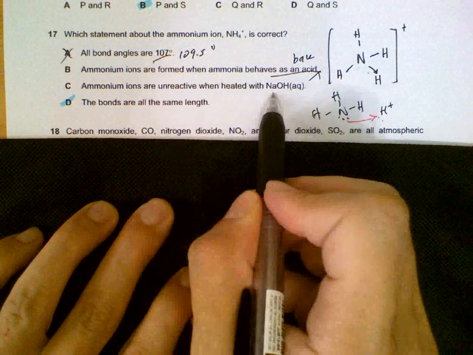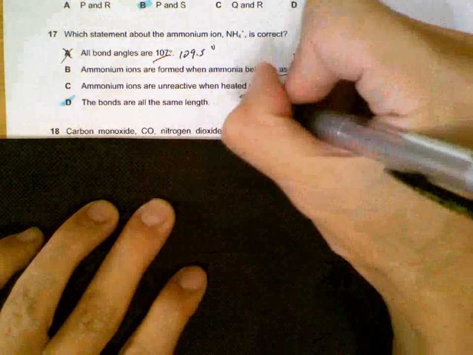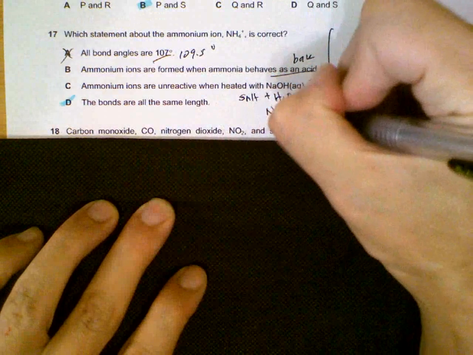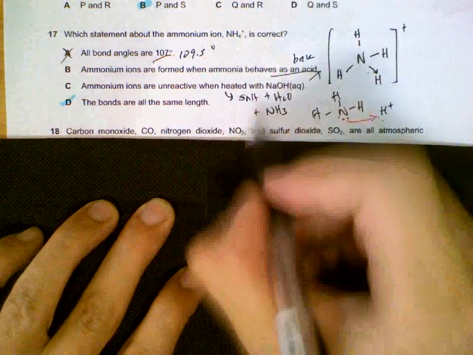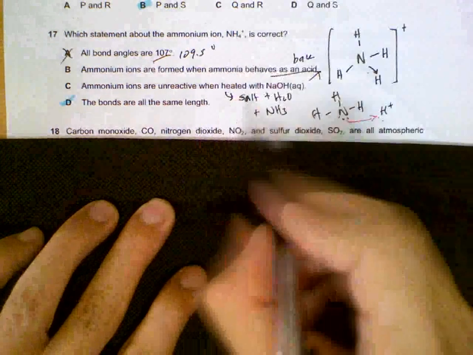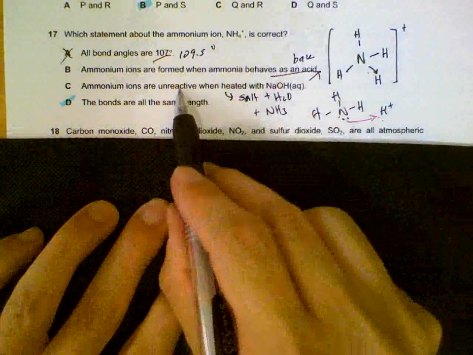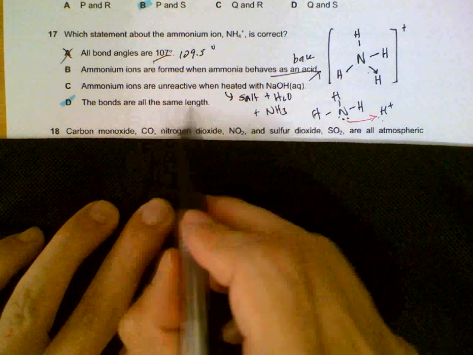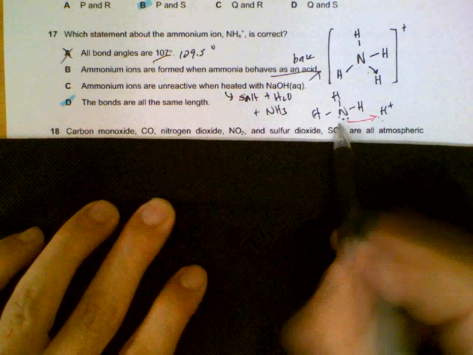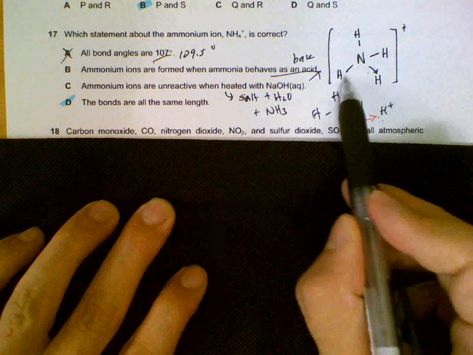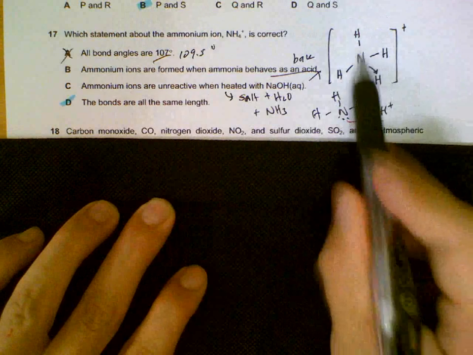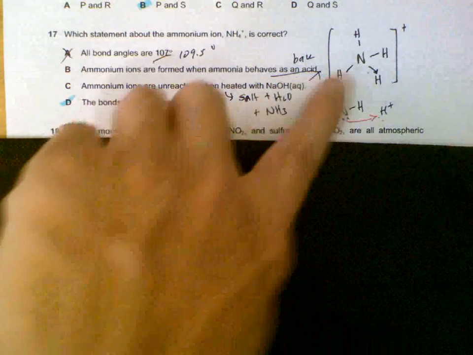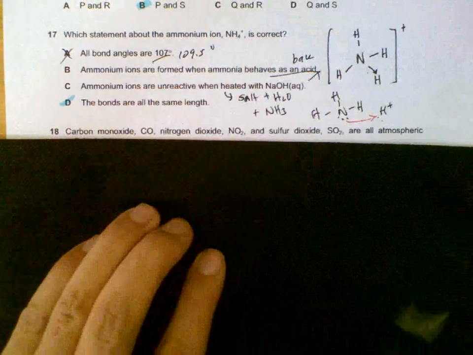Ammonium and sodium hydroxide give us a salt, water, and most importantly ammonia gas. This is actually the test for ammonium ions. So there will be a reaction. All the bonds are the same length because basically they are nitrogen-hydrogen bonds, so the distance between the two atoms is the same. So D is the answer.